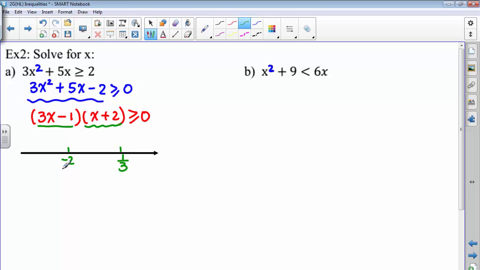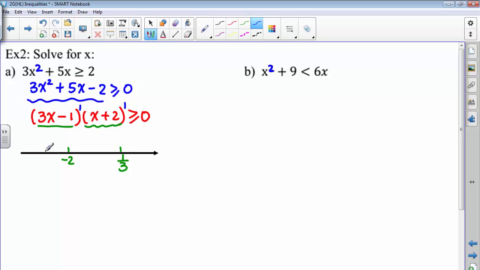Then you will find these two 0 points divide the whole number line into 3 intervals. We also know the factors for both of them are linear factors, which means the sign will change around each 0 point.